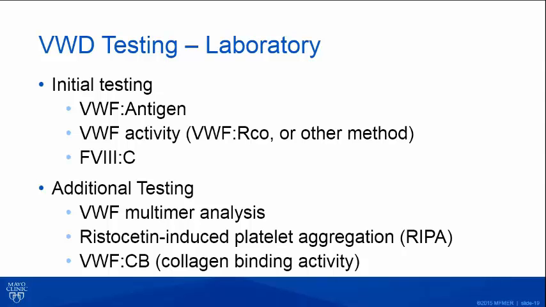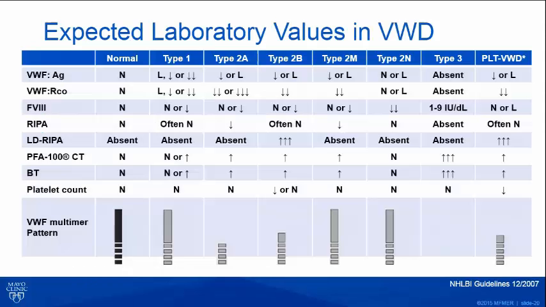Additional testing for von Willebrand disease workup includes a multimer analysis, RIPA, and an activity assay that measures the collagen binding activity. This is a table that summarizes the findings in various types of VWD. I don't have time to go through all of them, and you can read them at your leisure.